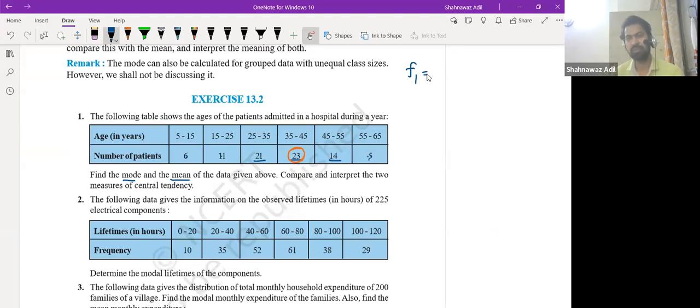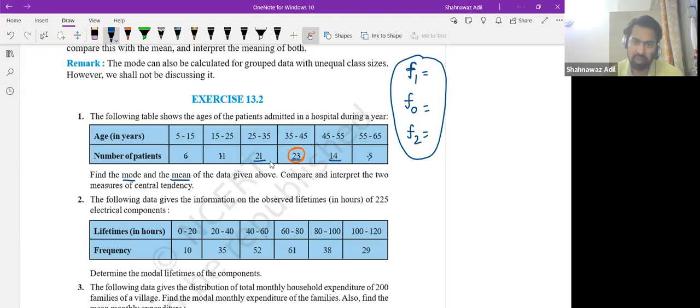Yes, you are absolutely right. The frequency of the model class, or the frequency of the preceding one, or the frequency of the succeeding one. These three kinds of frequency we can calculate from the model class. But we cannot calculate this one, this one, this one. Understood?